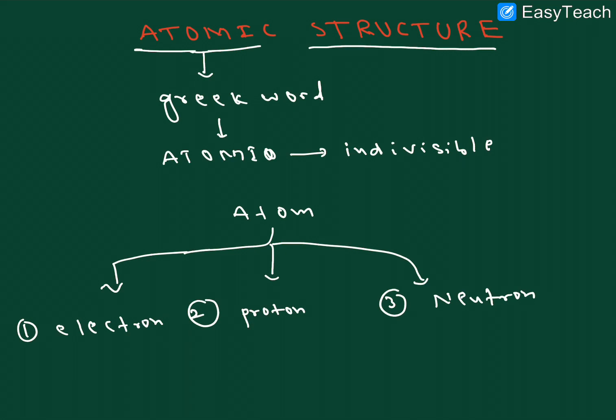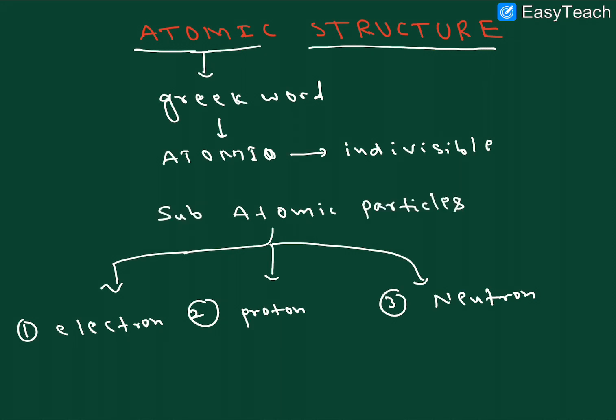These are the very important subatomic particles. Other particles are also there: neutrino, positron, antiproton. But the very important subatomic particles are the electron, proton and neutron.